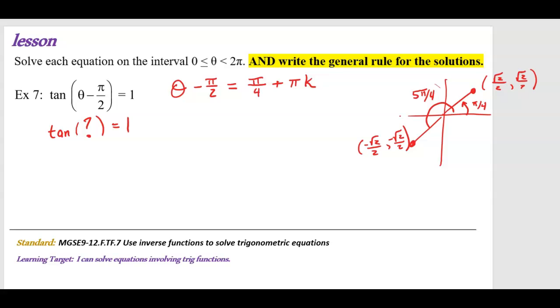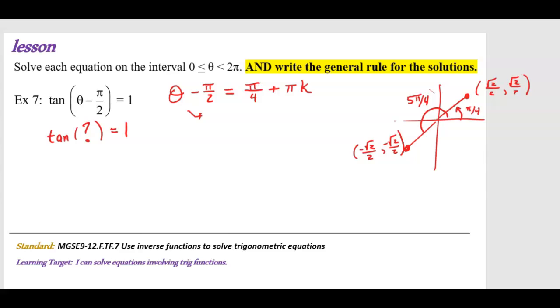Okay, so here's my general rule, but just like in the last problem, I can't just leave it as theta minus pi over 2. I have to solve for theta to build my general rule. So to solve for theta here, I need to add pi over 2 on both sides.